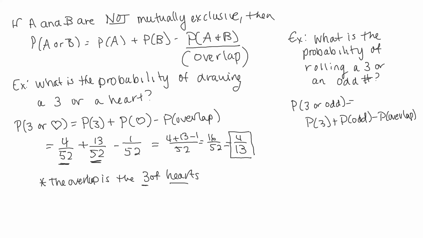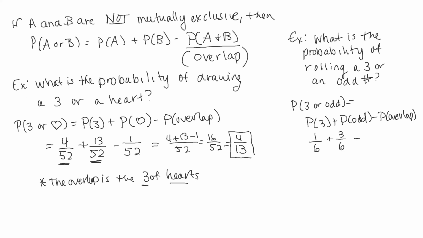So when you're dealing with a fair six-sided die, there is one way to roll a 3. As far as odd numbers go, you've got 6 sides to the die, 1, 2, 3, 4, 5, and 6. Of those 6 sides, 1, 3, and 5 are odds. So we have 3 out of 6 ways to roll an odd. And then of those, you've got a situation where one side meets both criteria. So a 3, obviously it gives you the 3, but it's also an odd number.